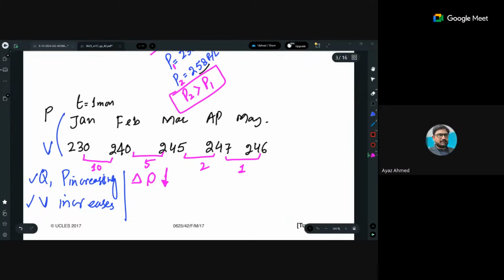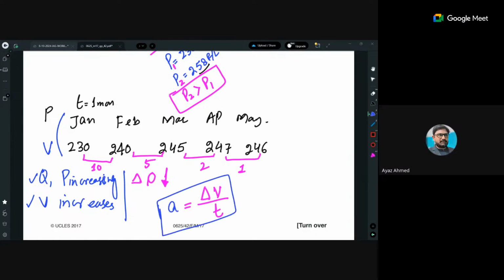So what is the change in velocity per unit time? Acceleration. Exactly. So if the change in velocity decreases, initially it was 10 by 1, then 5 by 1, then 2 by 1, then 1 by 1.